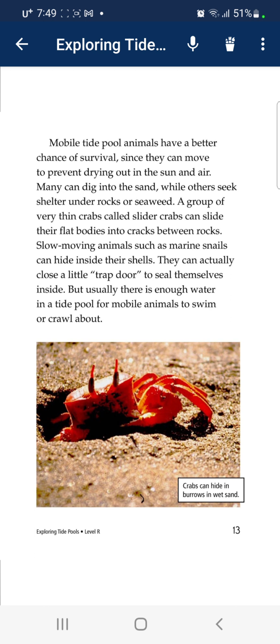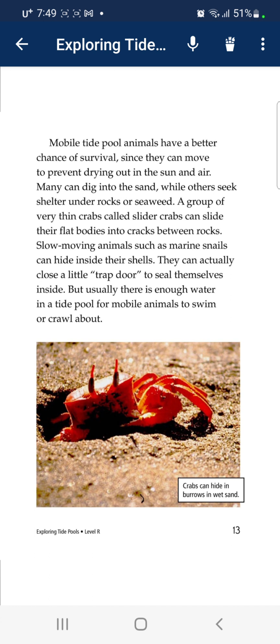A group of very tiny crabs called slither crabs can slide their flat bodies into cracks between rocks. Slow-moving animals such as marine snails can hide inside their shells.